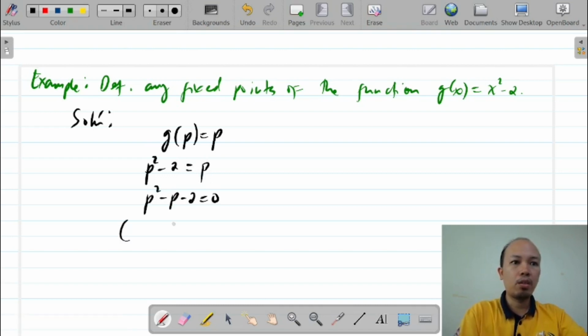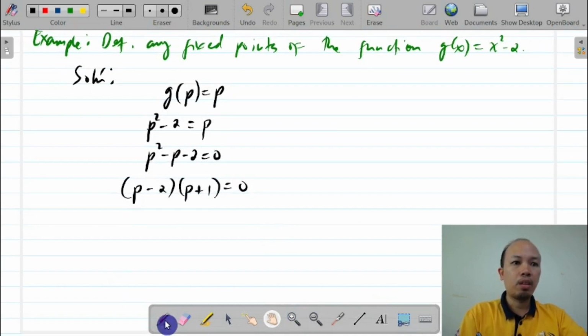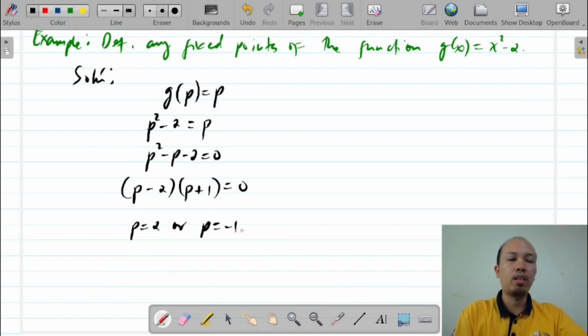So I think you can do factoring here. So we have p here, and then 2 and then 1. This is negative and this is positive. Okay, so what we have here is p is equal to 2, or p is equal to negative 1.